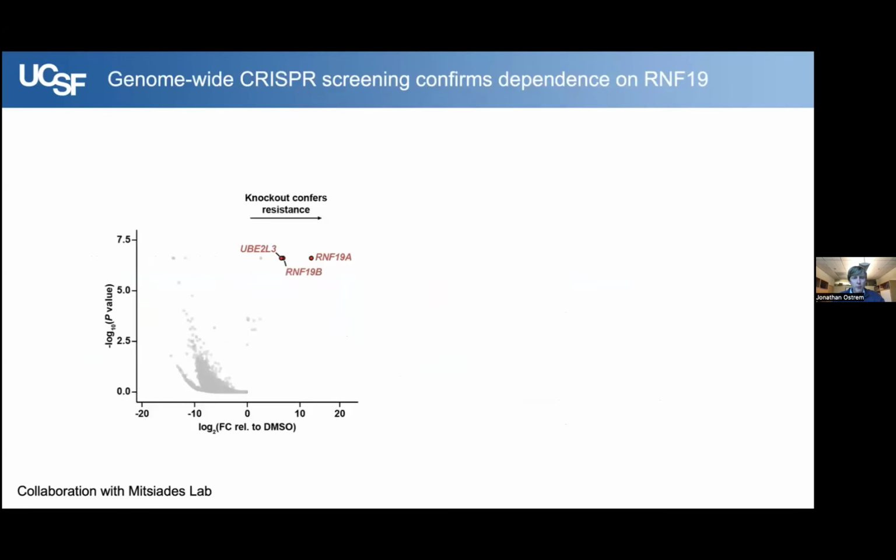When we then performed a genome-wide CRISPR screen in collaboration with Konstantin Mitsiadis' lab, we found not only that knockout of RNF19A confers resistance, but knockout of its paralog, RNF19B, also confers resistance, as well as knocking out UBE2L3. It turns out UBE2L3 is the E2 ligase most associated with these 2 E3 ligases. This was performed in MM1S cells.